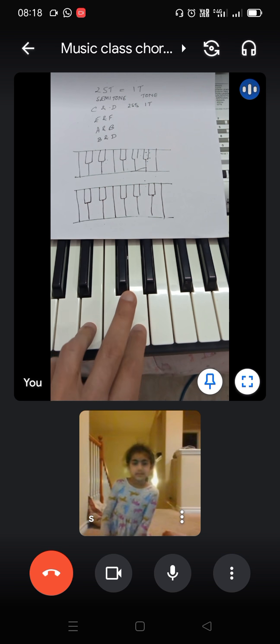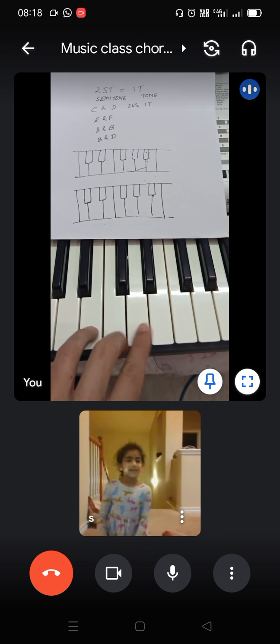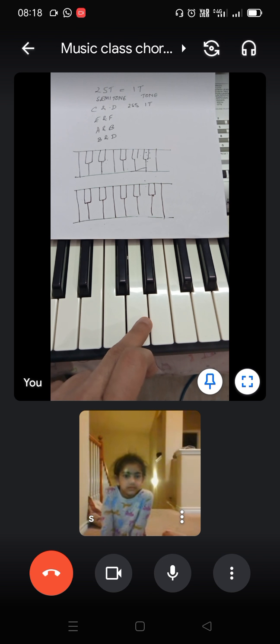So if you want to calculate the distance between B and D, it will be 1, 2, 3. Did you get that? There are 3 semitones between B and D. Okay? Did you get that?